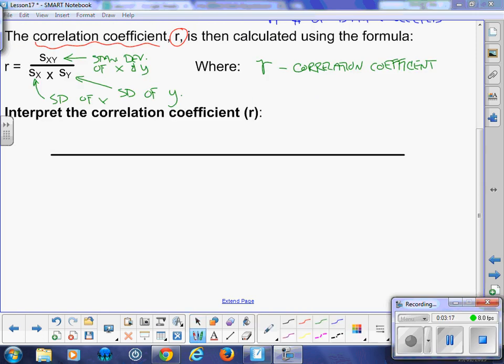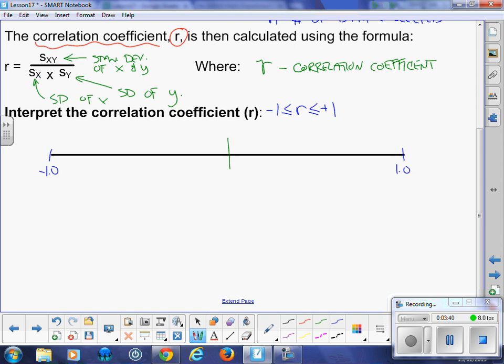Just to give you a scale here, what's our range for our values? Our values are always between negative 1.0 and 1.0. So from negative 1 to positive 1 is your range for your R values. You're never going to get outside of that range.